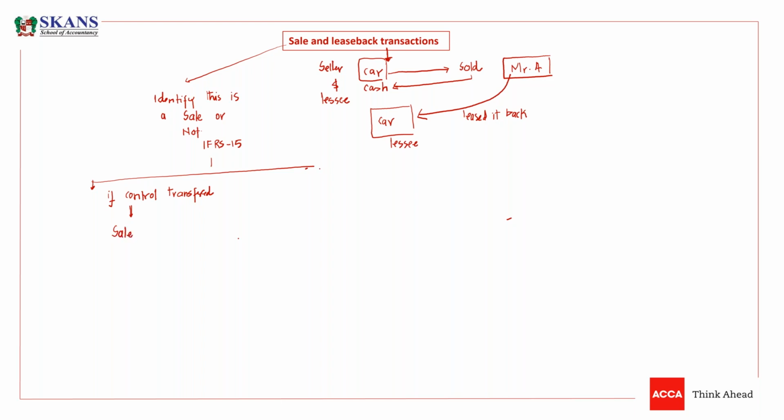If control is still retained by us, if control is not transferred, no sale. Now the treatment would be different in both situations. So listen carefully. If control is not transferred, no sale. If control is transferred, it's a sale.